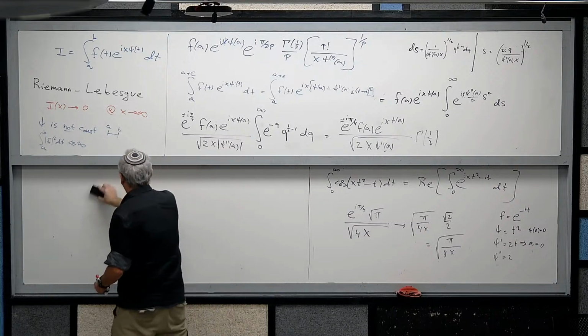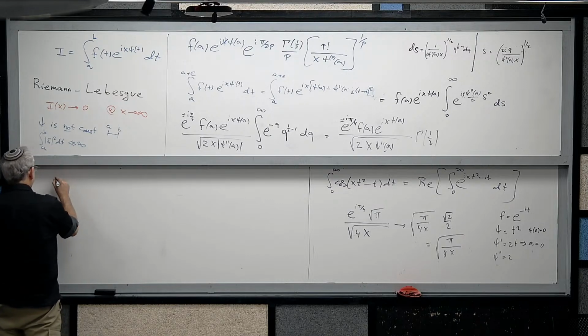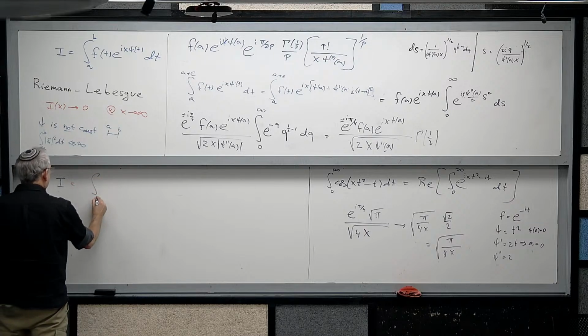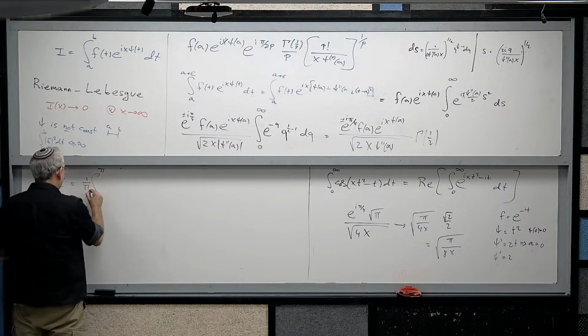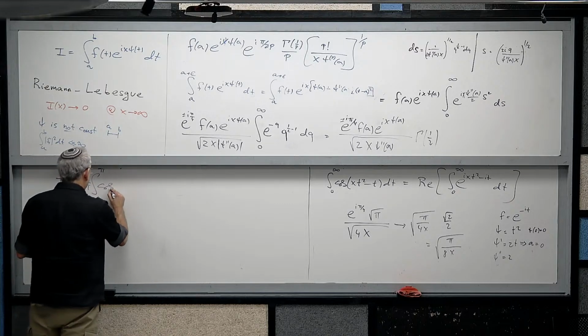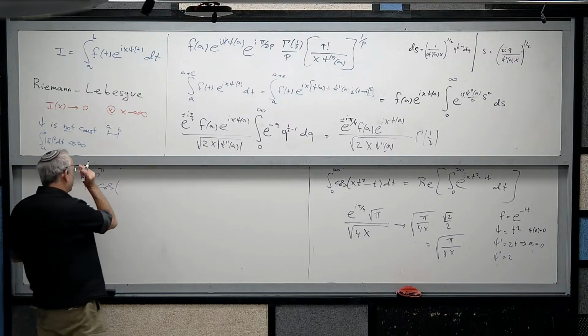Next example will be the integral from 0 to pi of 1 over pi times cosine of (x sine t minus nt) dt.